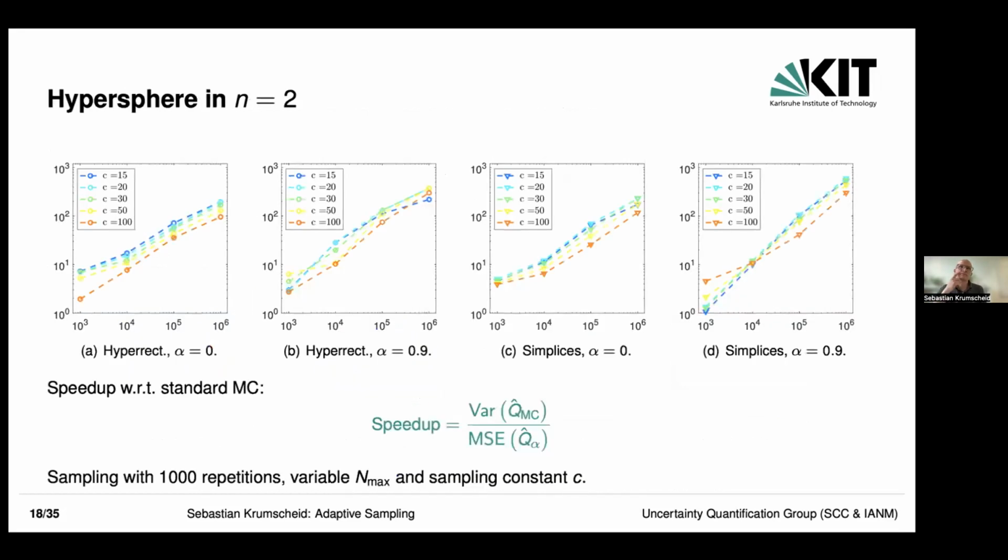Okay, so now what we're going to plot, what we're going to compare is we're going to compare the variance. So the variance of our estimator, so the variance of Monte Carlo estimator, it's an unbiased estimator, versus the mean squared error of our estimator.